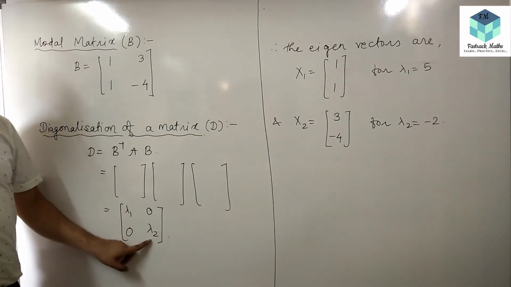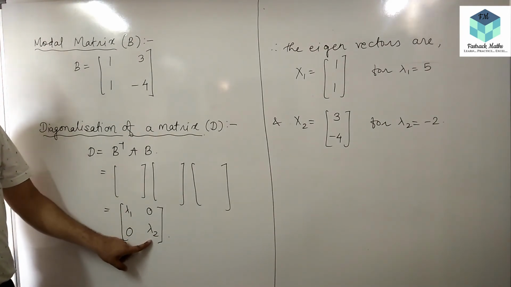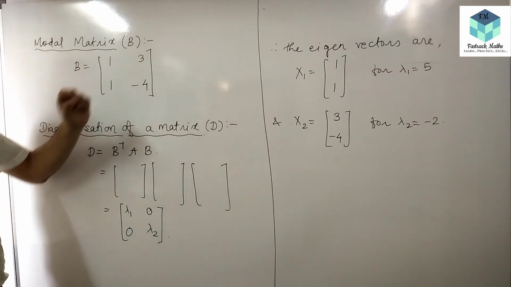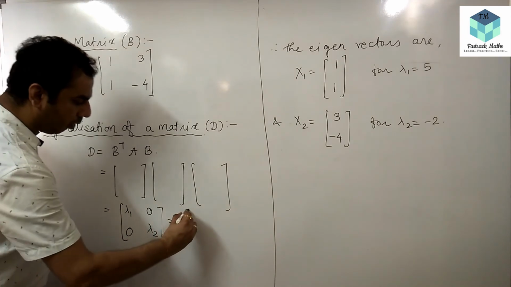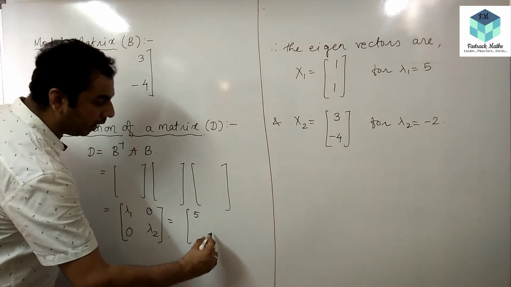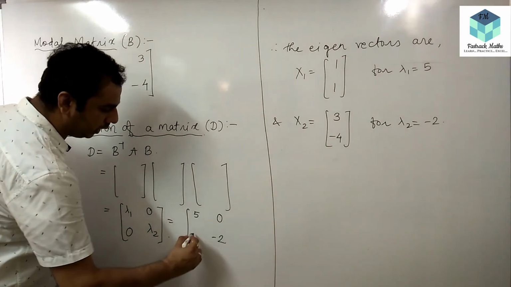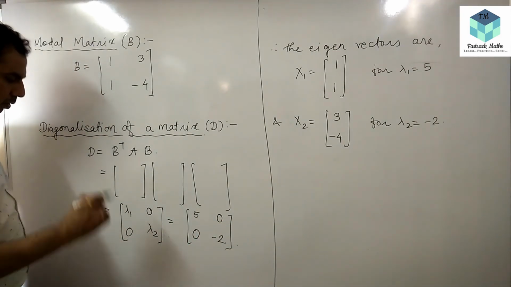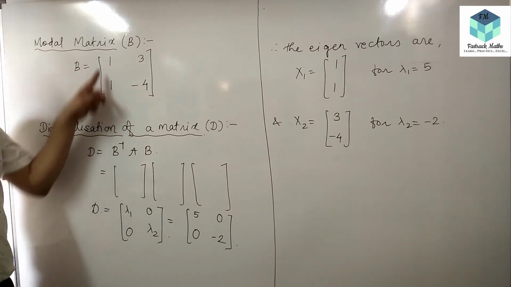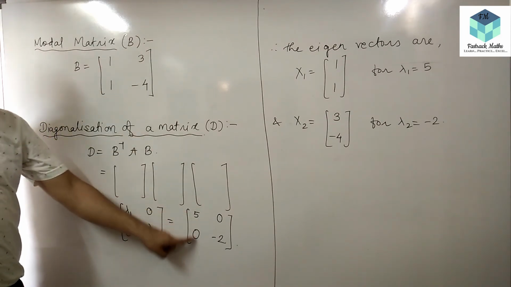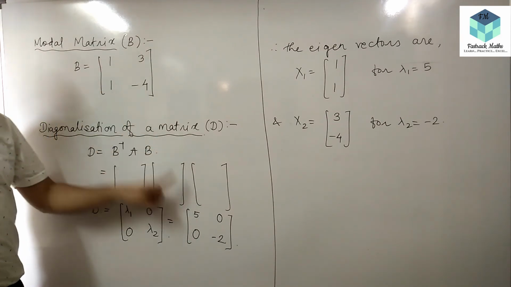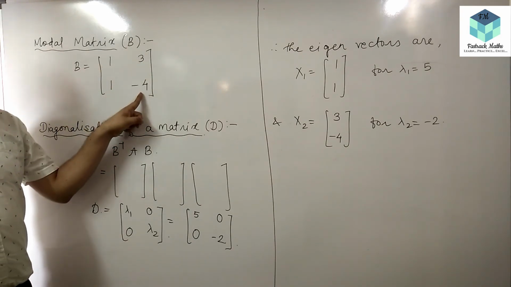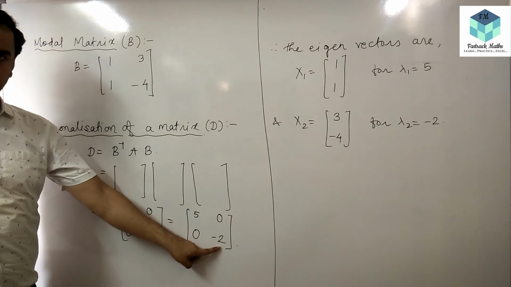Lambda 1 and lambda 2 were the eigenvalues for the given matrix A, which were 5 and minus 2. So the diagonalized form of this matrix will be [5, 0; 0, minus 2]. If we take the eigenvector corresponding to 5 in the first column, you will get 5 here.